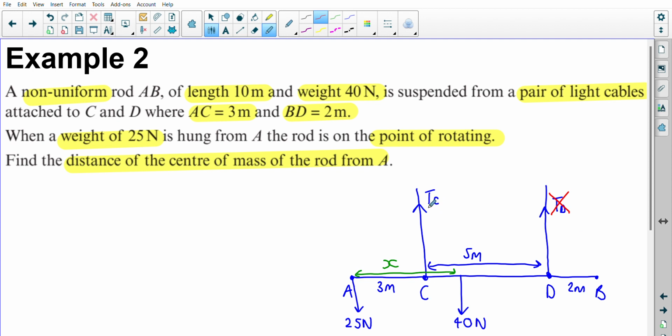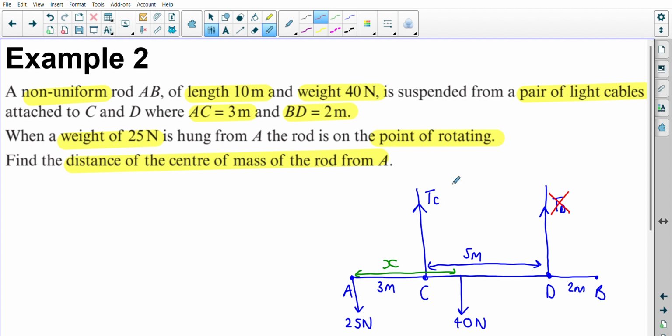Because then the tension will be ignored. Or you could find tension by just making it equal to 25N plus 40N, because we are in equilibrium for the time being. Okay?